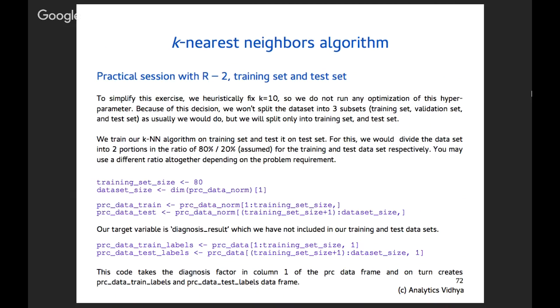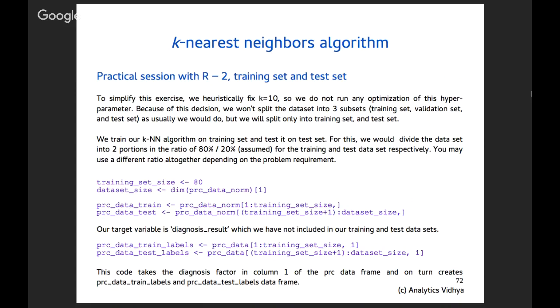And then there is the part in which I already split the data set into training set and test set, where we train on the first 80% and test on the remaining 20%. We first do it for the data set, but we also split the labels.